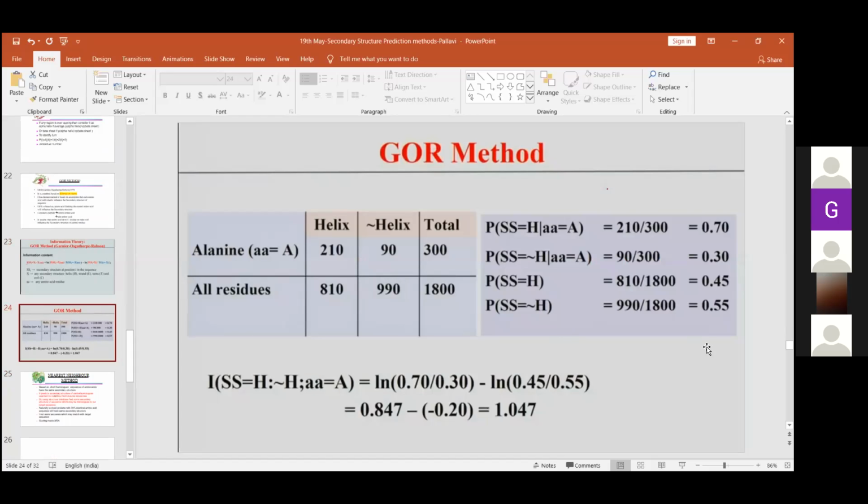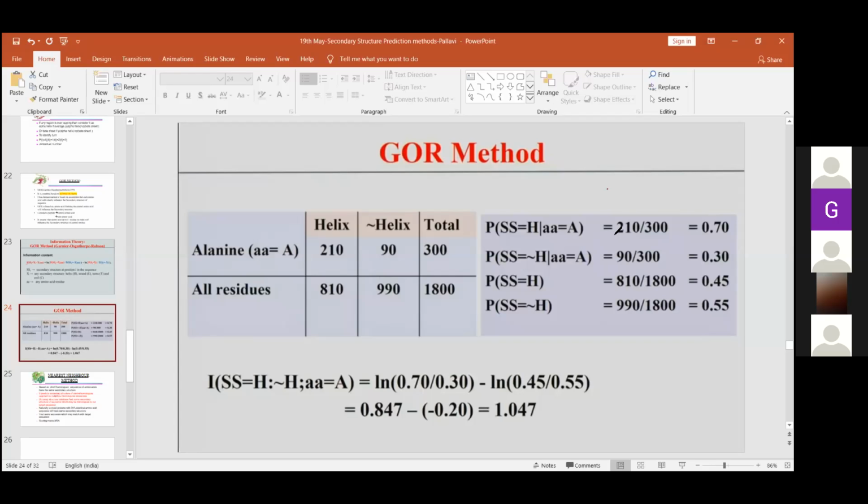What I said just now, I have taken again the example of alanine. So as I said, at the ith position, I have to first see the probability of alanine to be in the alpha helical form, divided by the probability of alanine to not be in alpha helical form. Let me use the annotation.